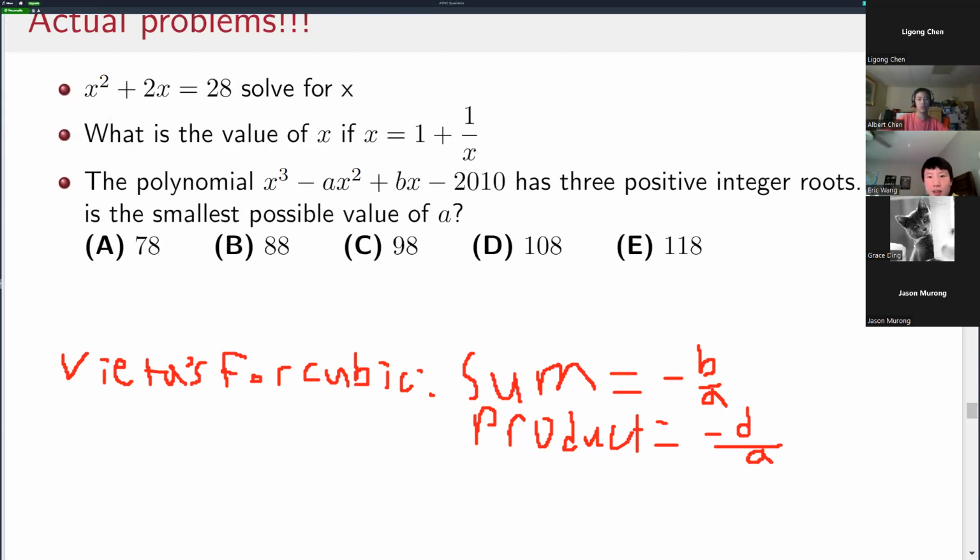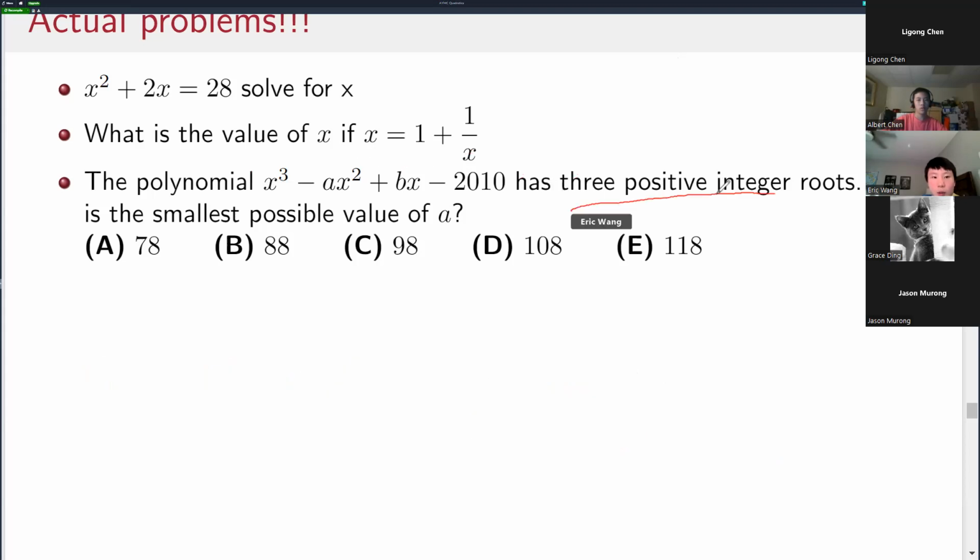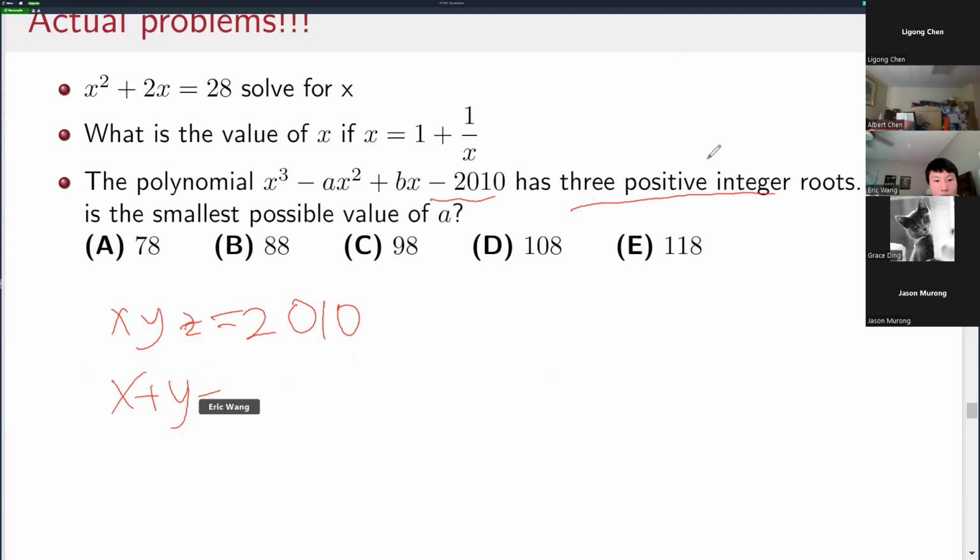So we have a cubic polynomial with 3 positive integer roots, and by Vieta's we know that if the roots are x, y, and z, then x times y times z is 2010, and x plus y plus z equals a.